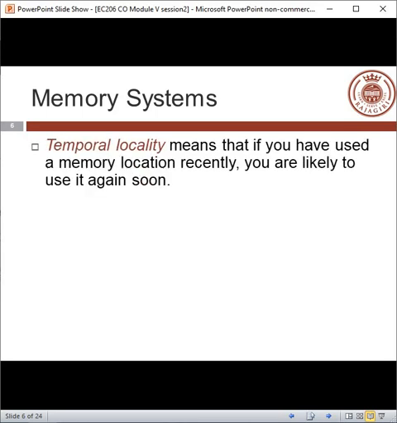Most memory systems work based on two principles. The first one is temporal locality. Temporal locality means, suppose we access a particular location, then we are more likely to access that location again. That principle is called temporal locality.